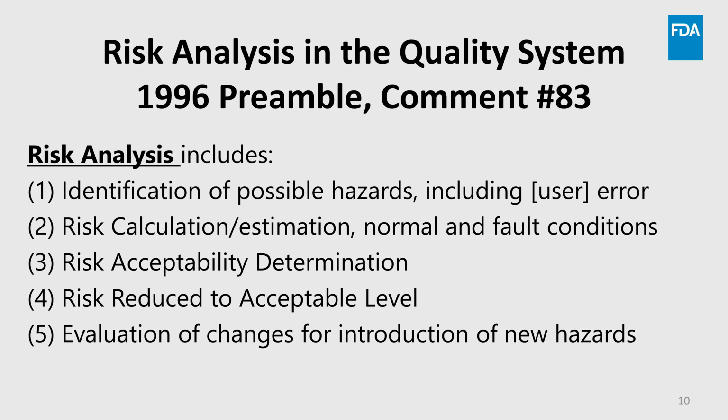Risk calculation or estimation in normal and fault conditions. Risk acceptability determination. If not at an acceptable level, reducing risk to an acceptable level and evaluating changes to ensure you are not introducing new hazards. Use this as a starting guide to understand what is needed for risk analysis.